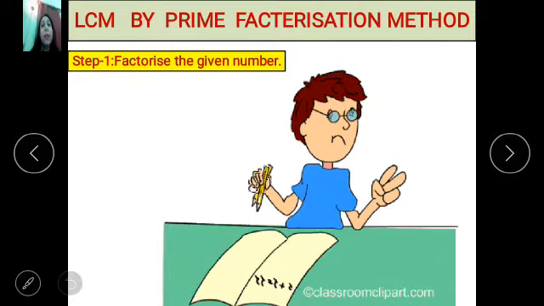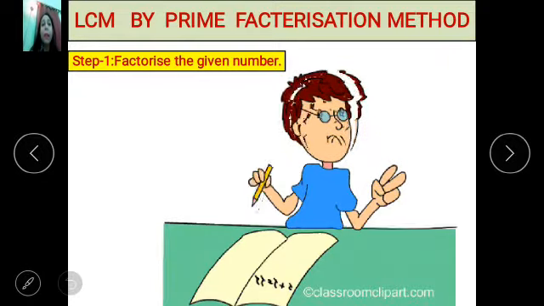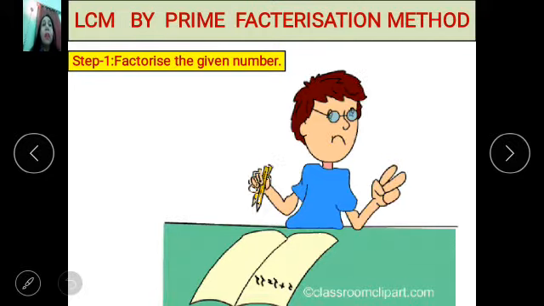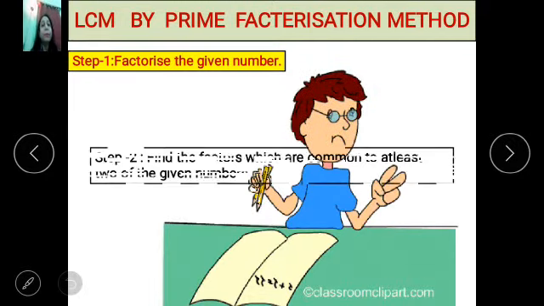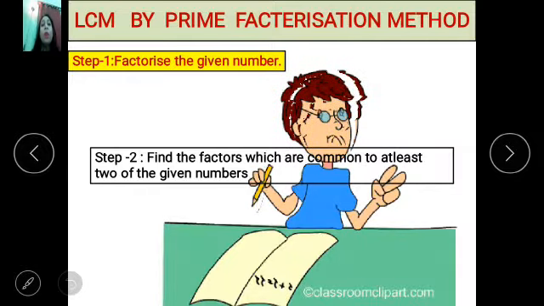Now I am going to discuss some steps. You just follow those steps to find the LCM by the prime factorization method. The first step is to factorize the given numbers. The second step is to find the factors which are common to at least two of the given numbers.